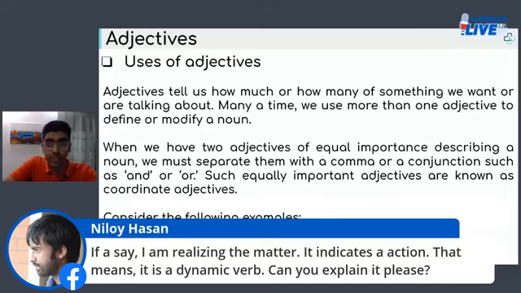Of course not. Realization is a state of mind, or an action of mind. You're thinking about something, and you're coming to terms with realization. So realization is actually a mental state, right? A mental action.